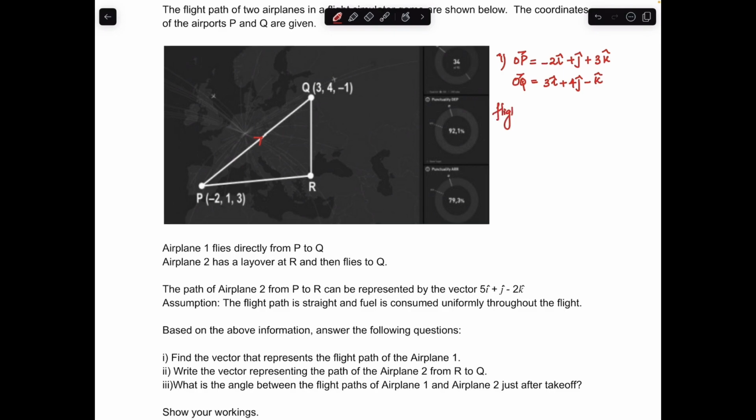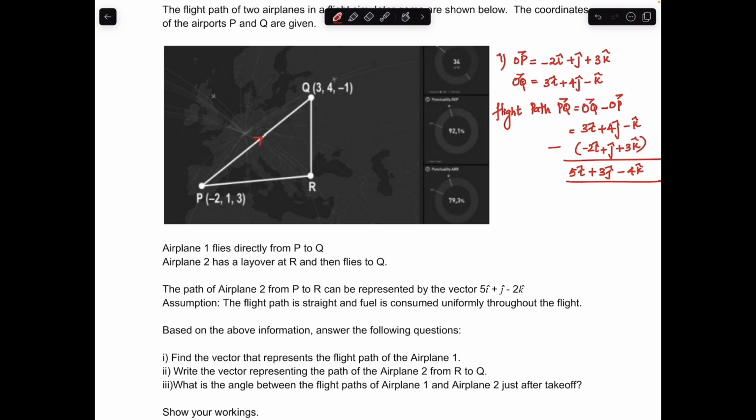Flight path PQ is equal to OQ vector minus OP vector. That is (3i + 4j - k) - (-2i + j + 3k), which is equal to 5i + 3j - 4k.